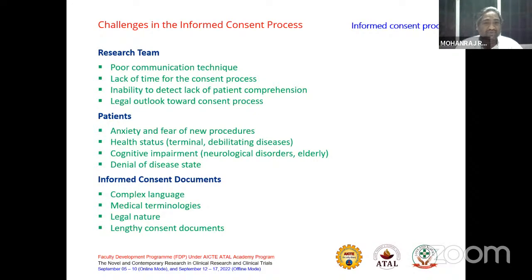So that also we have to keep in mind. And the very thing is, no patient accepts that they suffer from disease. And in this particular trial in which they are involved, there may be a chance of exploring the possibility of finding a therapeutic equivalent. So they deny their disease state. It is a limitation within the patient.